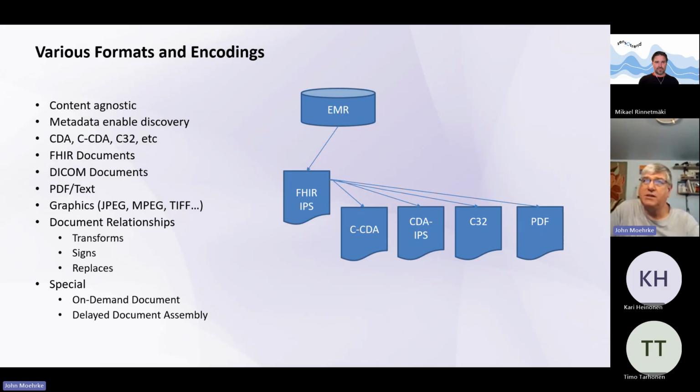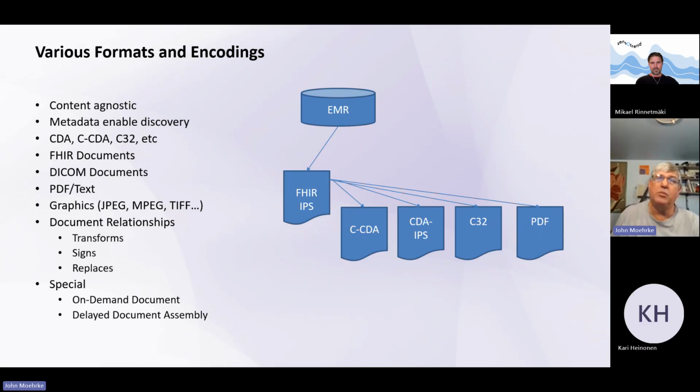And then the other topic is that the consumers probably don't want to deal with either one of them. The consumers just want to deal with FHIR REST.